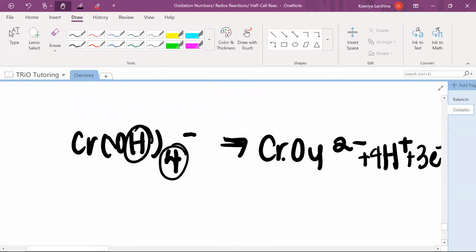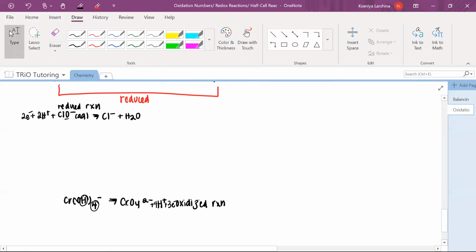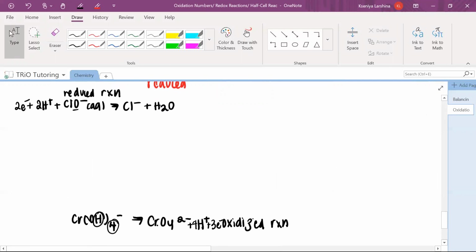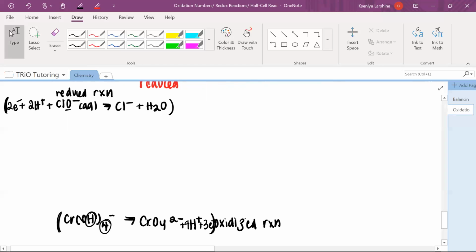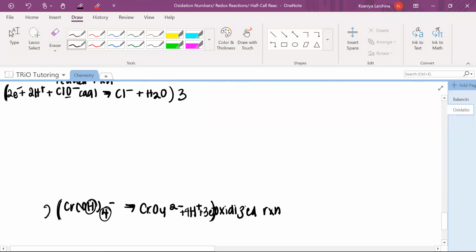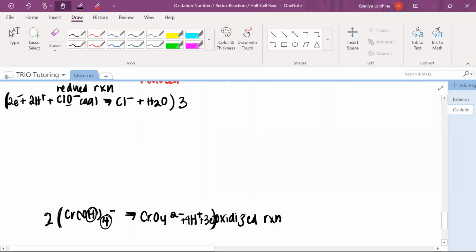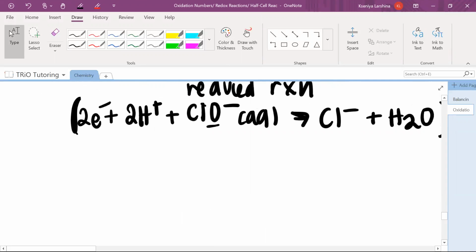So now we multiply by our least common multiple. So we have 3 electrons on this reaction. So we will multiply this by 3. And we will multiply our bottom reaction by 2 because there are 2 electrons on that reaction.